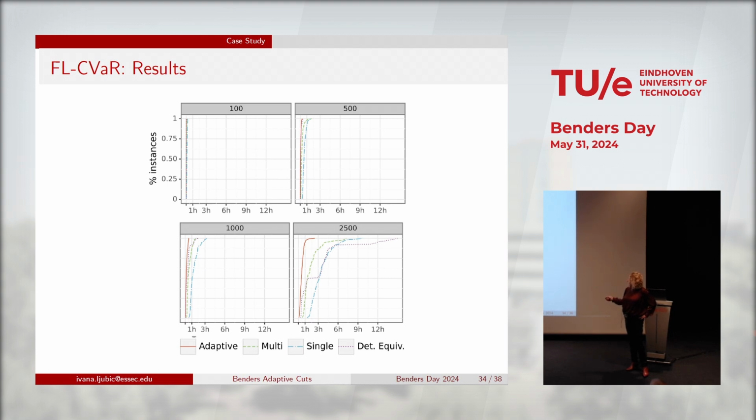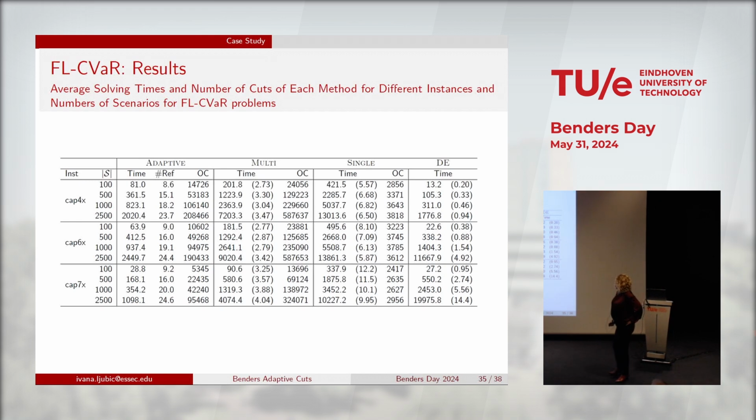And the deterministic equivalent, unfortunately, already for 2,000 scenarios, cannot solve all of these instances from our benchmark to optimality. And then one more table in which we also wanted to have a closer look into the times of the deterministic equivalent, the number of optimality cuts that we are adding in each of these implementations, and for the adaptive also the number of refinement steps. So how many iterations of the refinement do we need?